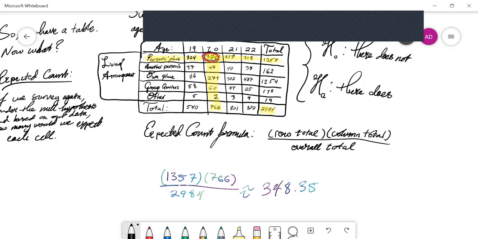Okay. Specifically, this is how many we would expect under our null hypothesis if we were to do this again for a theoretical count. And you have to do this for every cell.